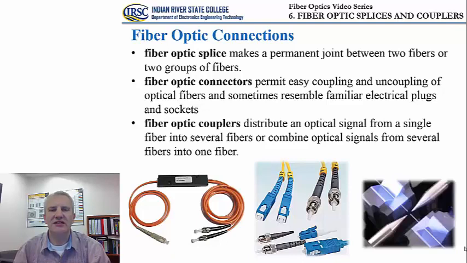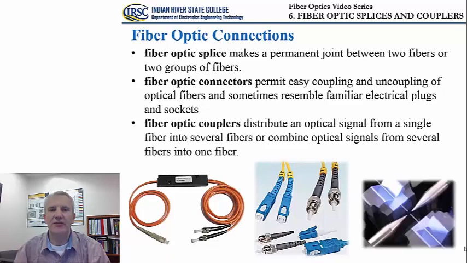In a sense, that's a different type of connection from fiber optic connectors, where we had 2 connectors mating into each other at the mating surface. Also a fundamental difference is that in the case of a splice, we are talking about a permanent joint, permanent connection, while in the case of the connectors, you can disconnect and again reconnect, so the connection is not permanent, as in the case of a fiber optic splice.